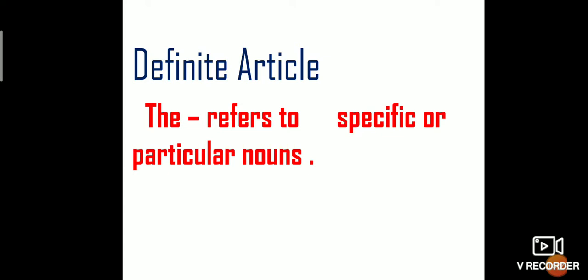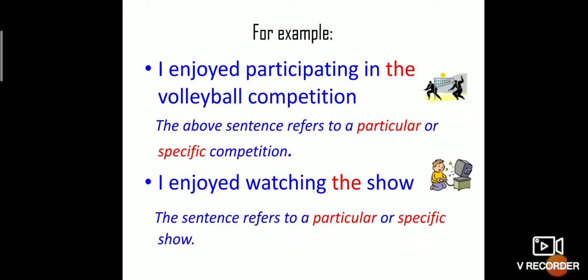So now we'll talk about the definite articles and the rules. So the refers to specific or particular nouns. Like, I enjoyed participating in the volleyball competition. So in this above sentence, the refers to a particular or a specific competition.